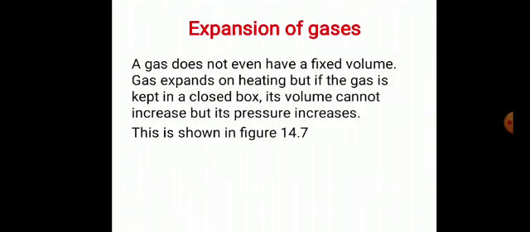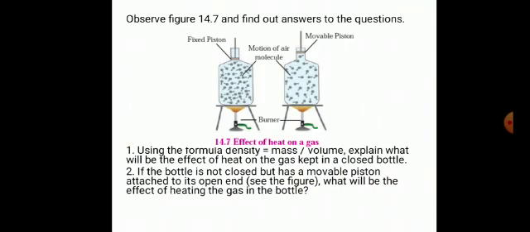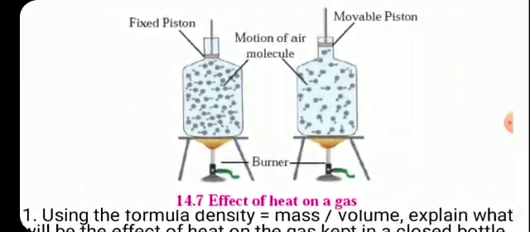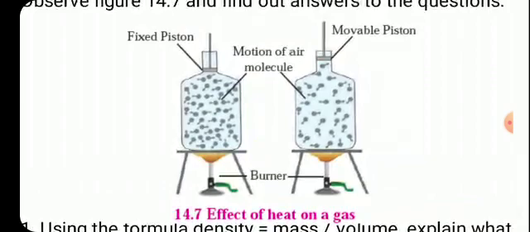Expansion of gases. A gas does not even have a fixed volume. Gas expands on heating, but if a gas is kept in a closed box, its volume cannot increase, but its pressure increases. Here the gas is filled in a closed container and a piston is fixed at the neck of this container. Clear?